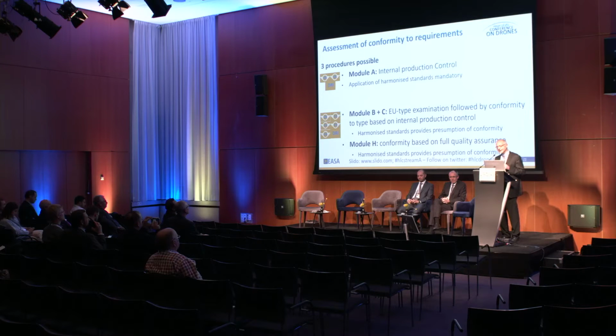And finally, a slide about the assessment of conformity to requirements. If you go through the delegated acts and the annexed delegated acts, you will find that there are 3 possible procedures. These are called modules. And of course they are already implemented by current market regulation, which is the market mechanism that we are importing in our drone regulation in order to prove these technical requirements.